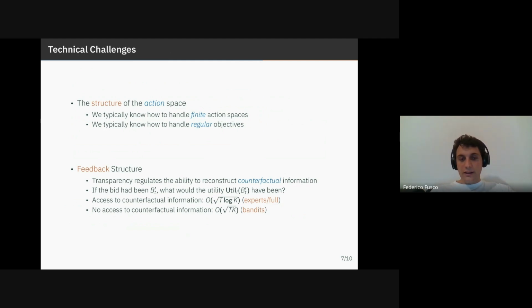If we do not have access to counterfactual information, then we are in the bandits realm, where the typical regret rate is of order square root of T times K, where K is the action space. But note once again that these results are for finite action space, while in general, as we already mentioned, this is not the case for us.